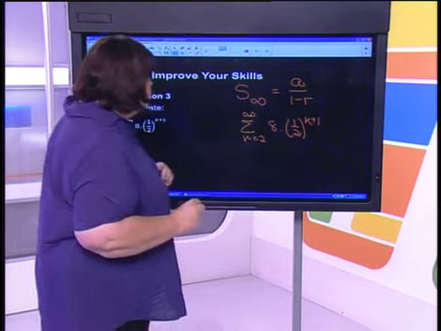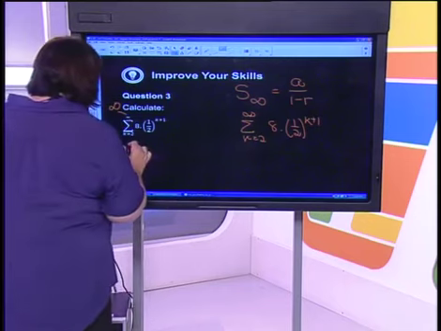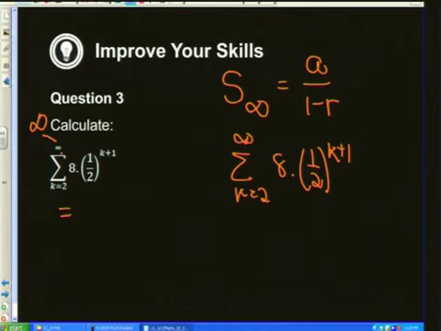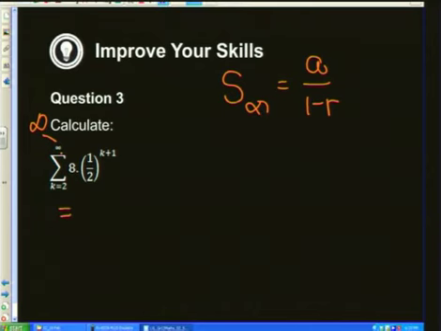Right, so let's look at the question. Remember the first thing I did was work out some terms to see what they looked like. So let's do that again. Just want to take this off so I've got some room to work alongside. Okay, let's start with the first one.